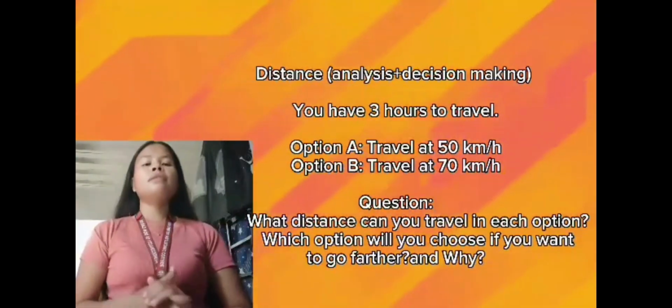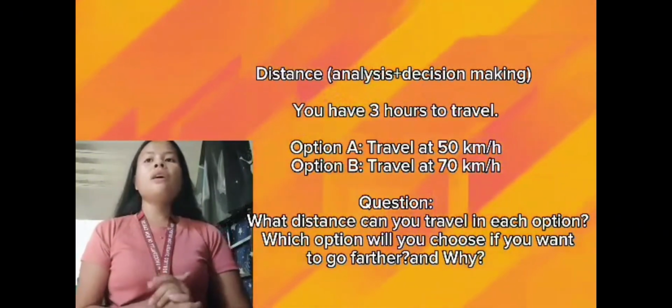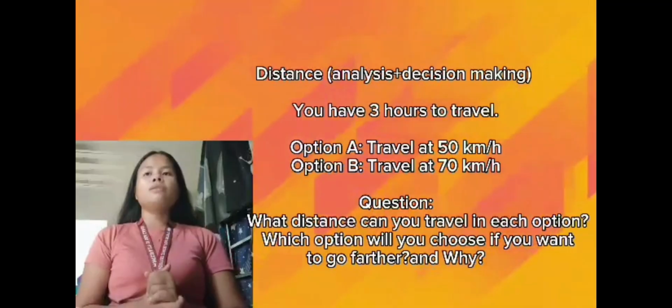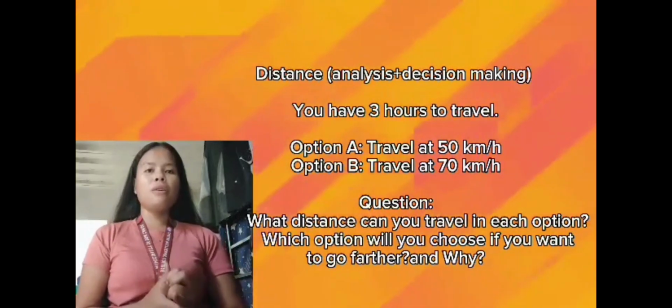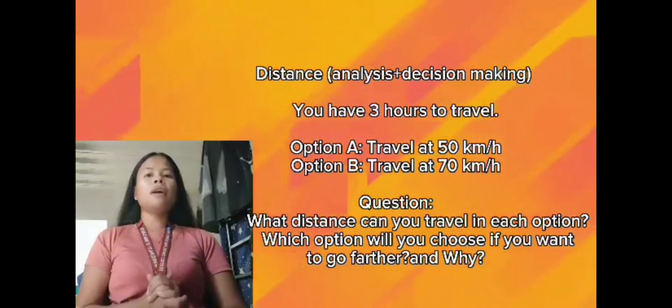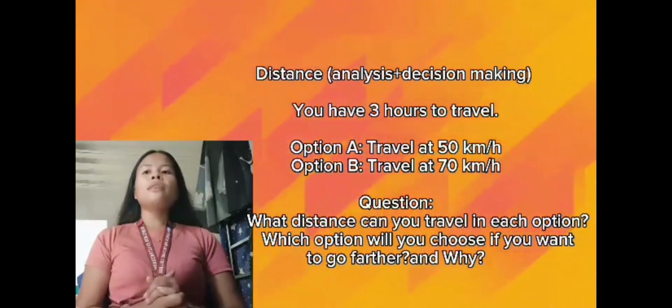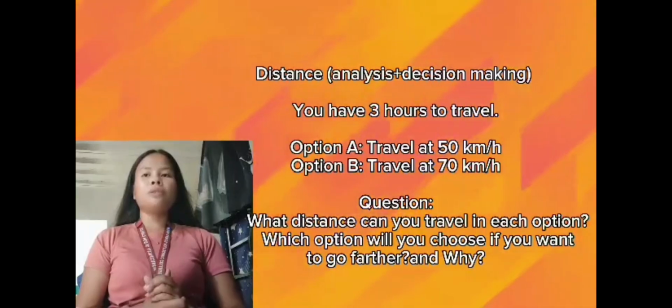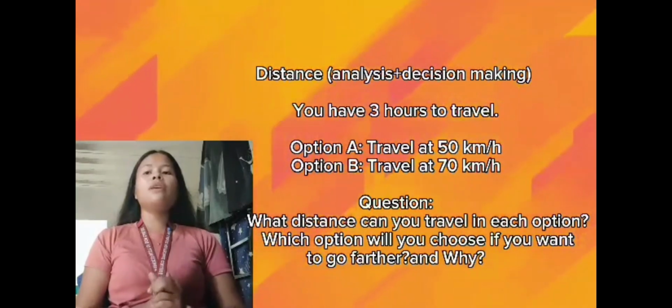Next is distance analysis plus decision making. You have 3 hours to travel. Option A, travel at 50 km per hour. Option B, travel at 70 km per hour. What distance can you travel in each option? Which option will you choose if you want to go further and why?